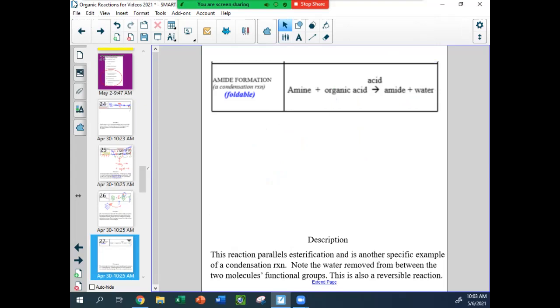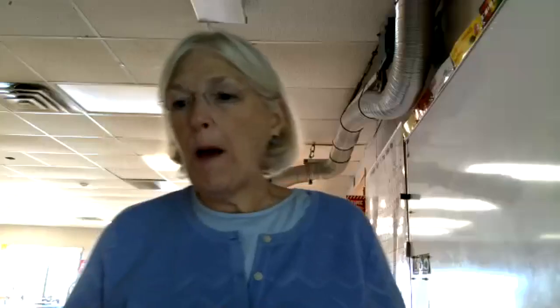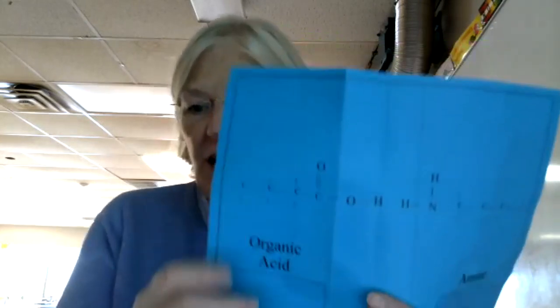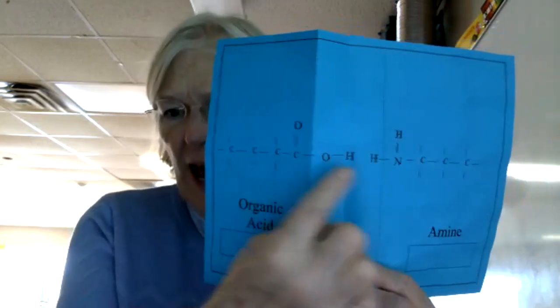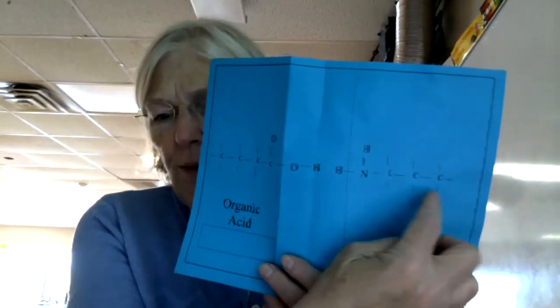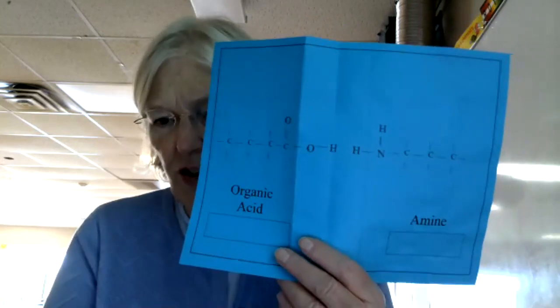Amide formation. Amide formation parallels esterification. You also have a foldable for amide formation, and it looks very similar to the esterification foldable. Here, you have an organic acid. So here you have 4 carbons with an acid group, and you have an amine, 3 carbons with an NH2 attached to it.